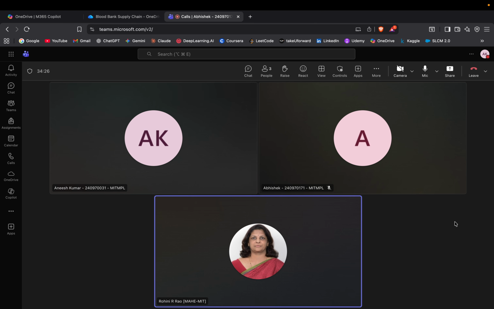We were working on the movie recommendation system earlier, and we did a literature review and systematic review on it. I would like to ask if, along with this blood bank supply chain, we can work on that also, because it will help me get research experience in that field also.